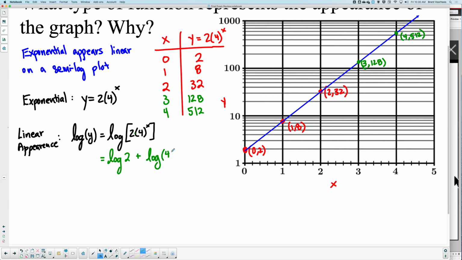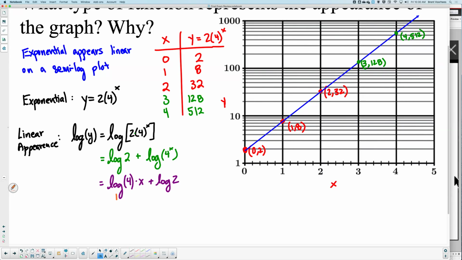And then what can I do with that power of it? Well, I'll put the power on it first. It can multiply. And because I wanted this to look like a line, I'm going to move it to the front and I'm going to say this is equal to log 4, notice I'm going to go out of order here, and I want to put the multiplying x on the outside, plus log 2.